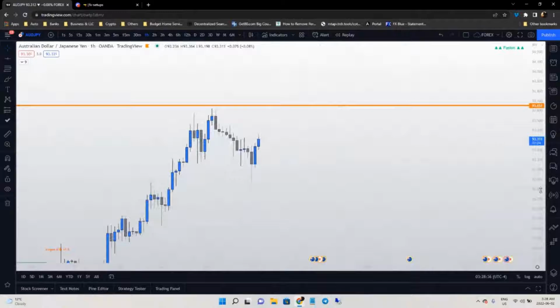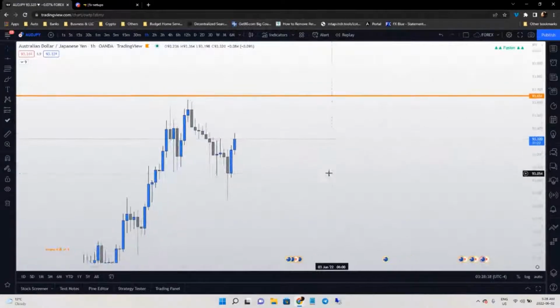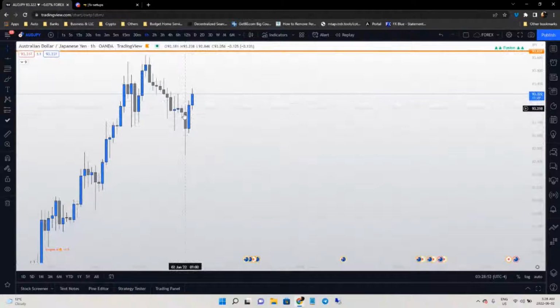And right now, based on the setup, like I said, it could still go up. There's good room here to go up, and then to reverse down here eventually. So I expect the price going like this and then continue down.